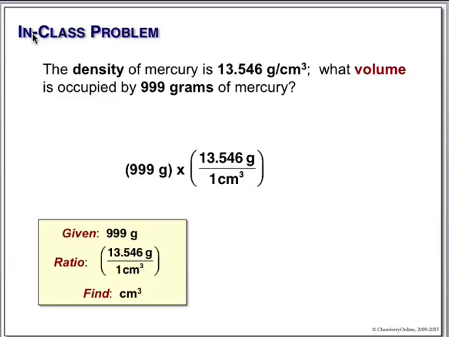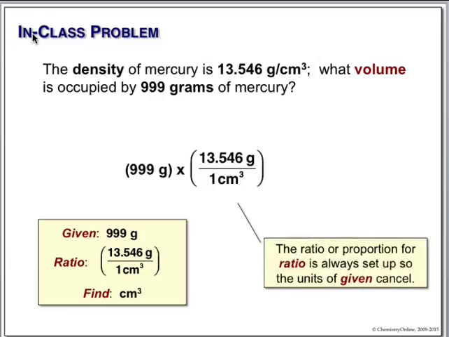So what we do in this case is simply flip it upside down. That's better. Now we're set up so that grams will cancel. When they do, we're left only with cubic centimeters, which is what we're trying to find. Do our simple multiplication, division, and again we get 73.7.